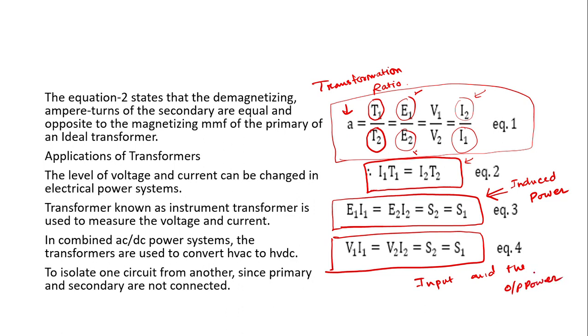Input and output power must be the same in the case of ideal transformers, but this may vary if the losses are included in the calculation for a transformer, right?